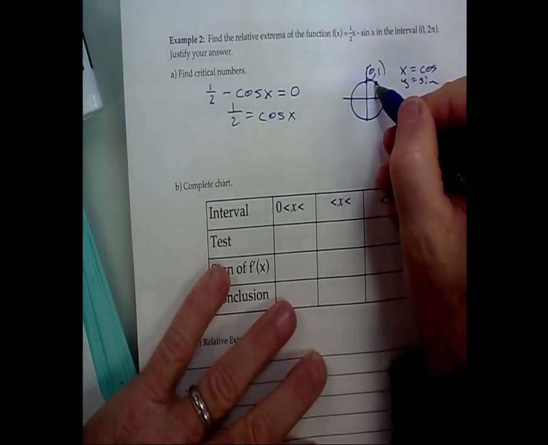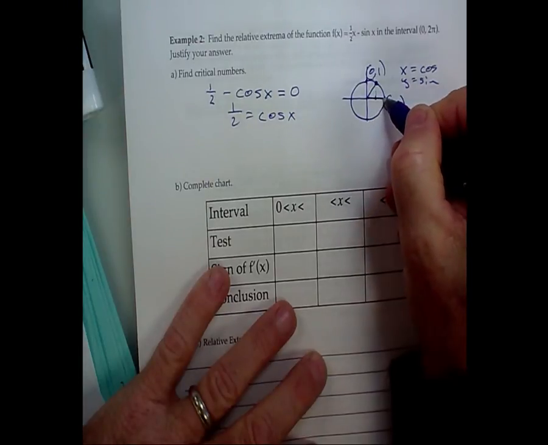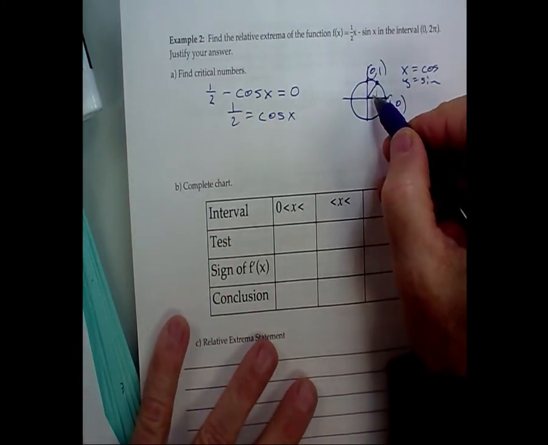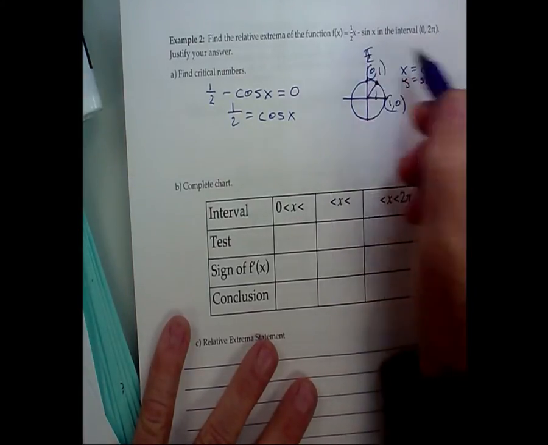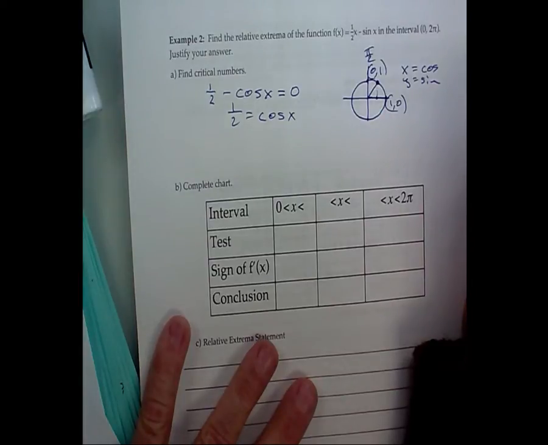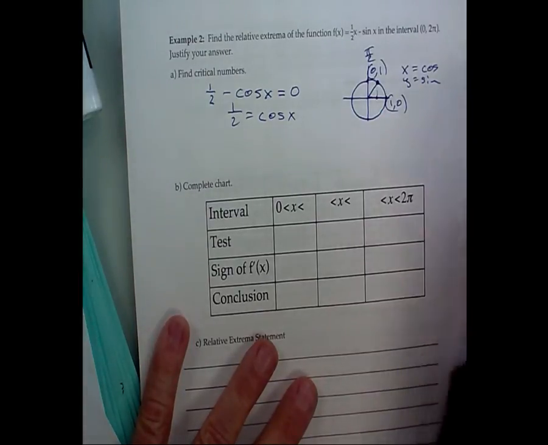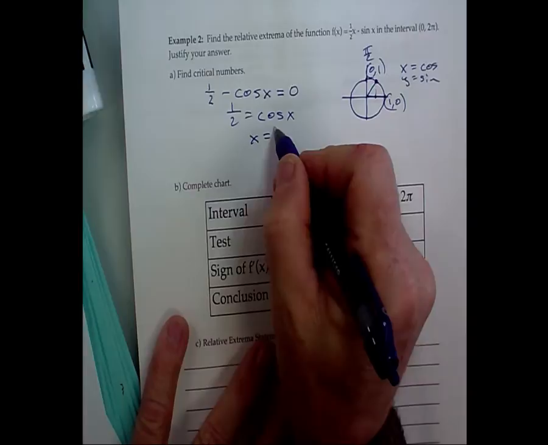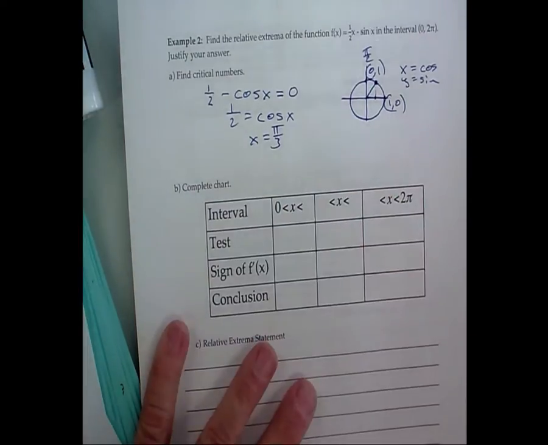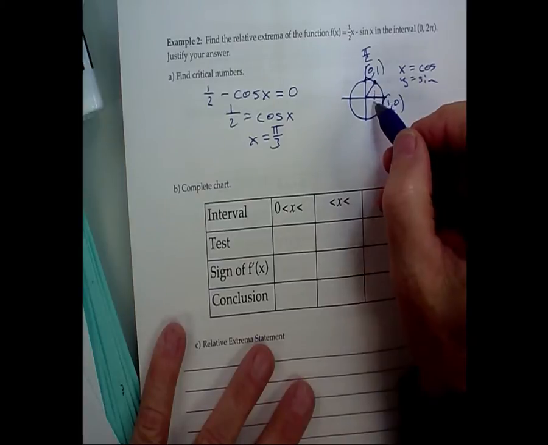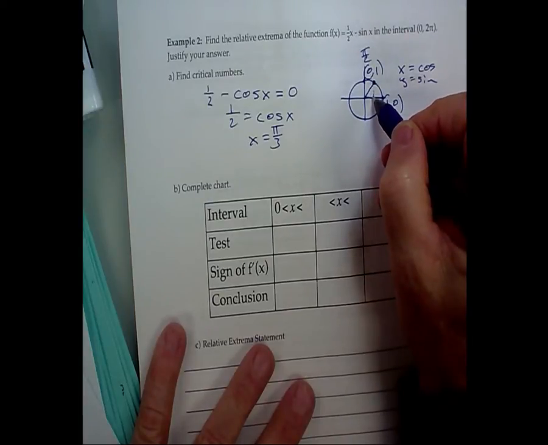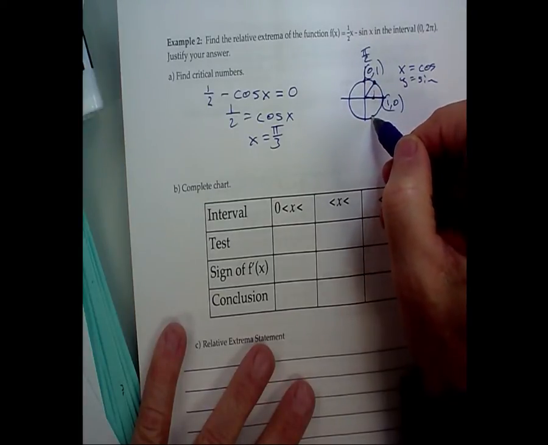So, what angle measurement is this? This is pi over 3. X equals pi over 3. Also, if x is 1 half here, I could have gone down here, right?